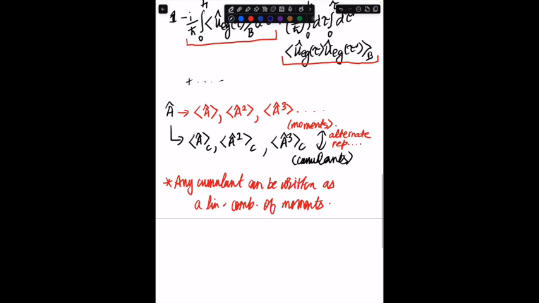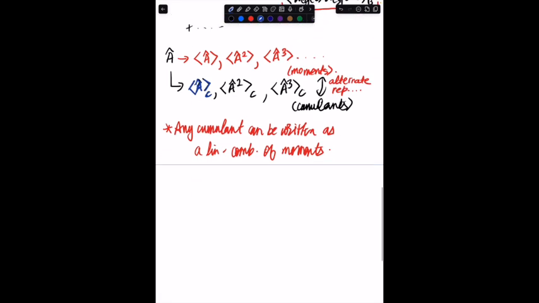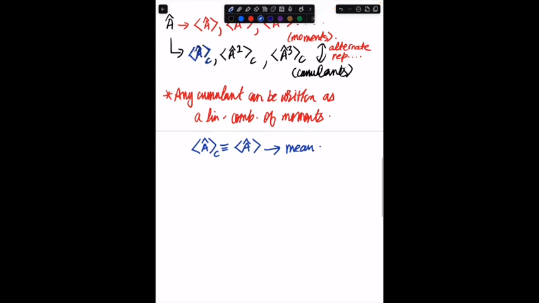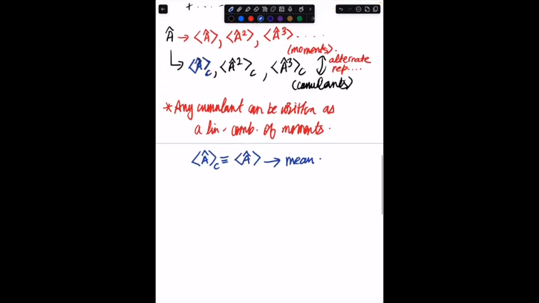For your information, the first cumulant, which is a hat c, is also equivalent to your first moment. So let me just write that down here. So a hat c, your first cumulant, is equivalent to your first moment and is the mean of your distribution. Of course, the expectation of the observable will be your mean, right?